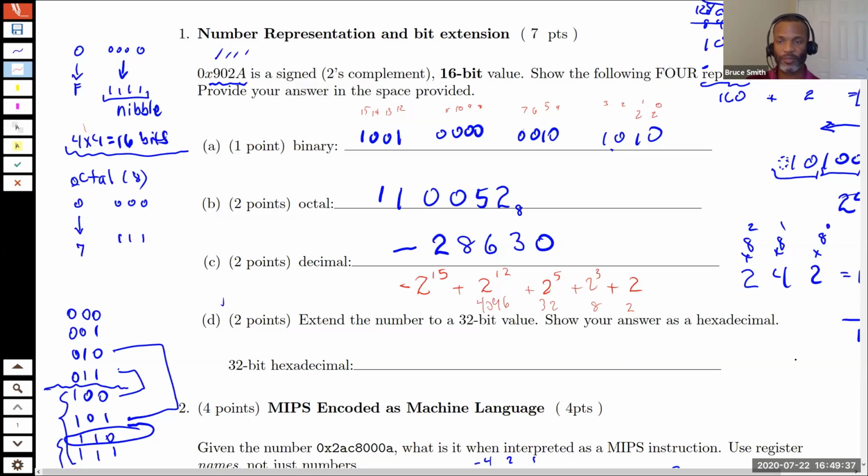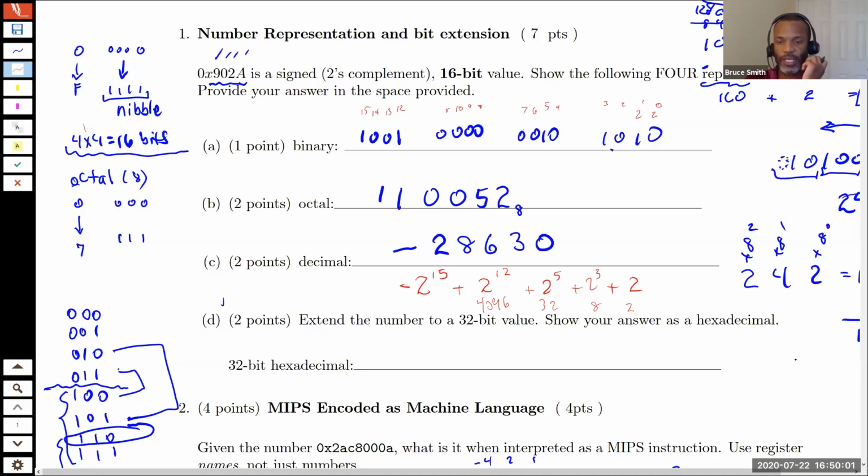Questions, thoughts? You'll see, going back several semesters and in the lecture notes, some more discussion on that. But the ideas are hopefully straightforward when it comes to going from binary to octal and octal to decimal.